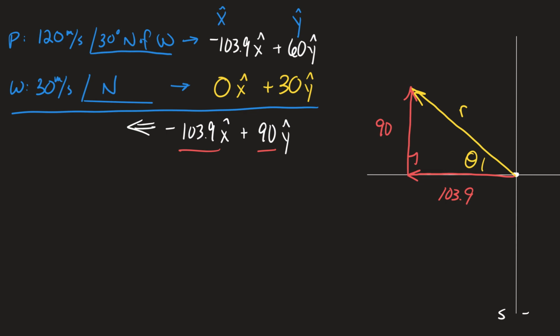You know how to do this. I'd probably use Pythagoras. It's easier. So 103.9 squared plus 90 squared equals r squared. I'm going to use Pythagoras.